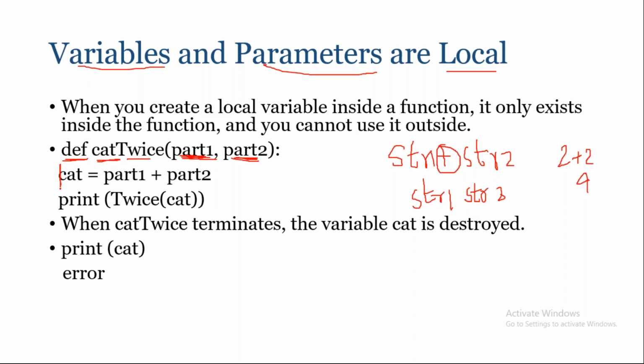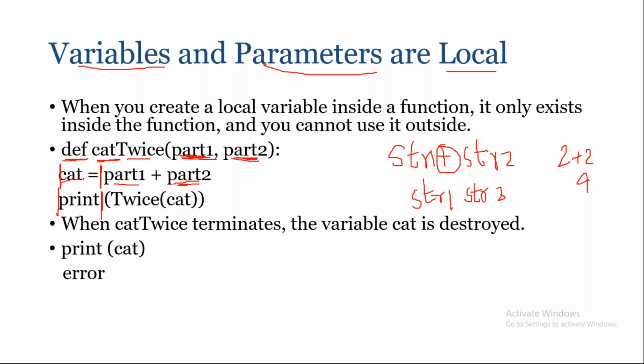This must come with an indentation, so start your cat from here. Cat is adding these two things that are going inside the function. Great. And now this print will also come with an indent, and then you write print twice cat.